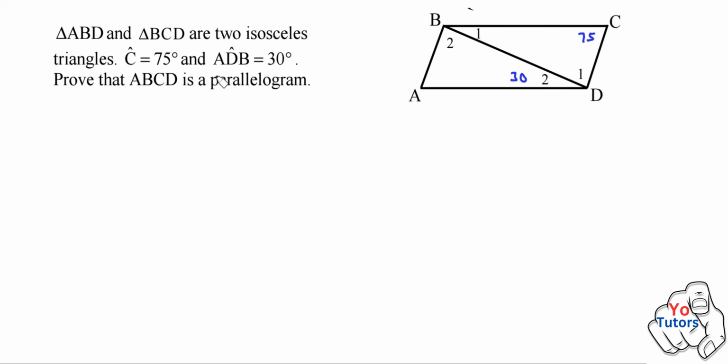Once we have one of the properties of a parallelogram, then we are good. Since we have got angles, maybe we have a high chance of proving that opposite angles are equal. Or we are going to find that the sides are parallel. We don't know, but we will find out.